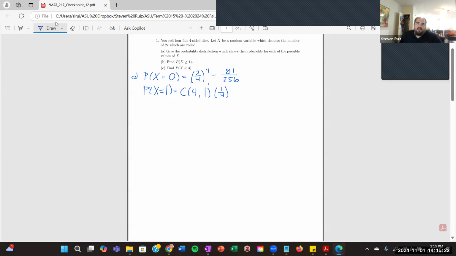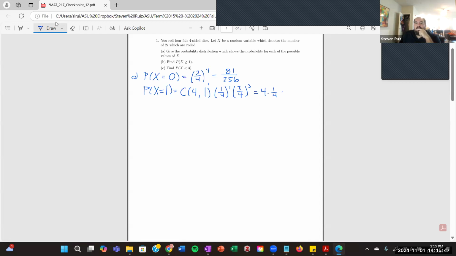That one object has a 1 in 4 chance of succeeding, and I want the other 3 to be failures. So here's my probability. What is 4 choose 1? That's going to be 4. So 4 times a fourth times 3 cubed over 4 cubed.